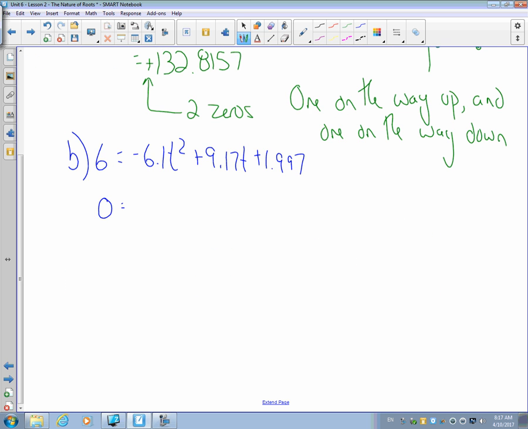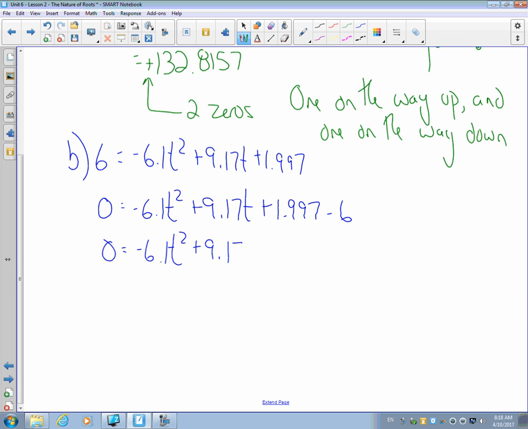To do that, we have to make it equal to 0. So I need to rearrange this equation, put that 6 on the other side. It's going to become a minus 6 now. I'm going to collect my like terms, so it's in standard form. Oops, that's a minus now. Minus 4.003. Then I want to see, can I solve this? Because if I can solve it, that means they can hit 6.